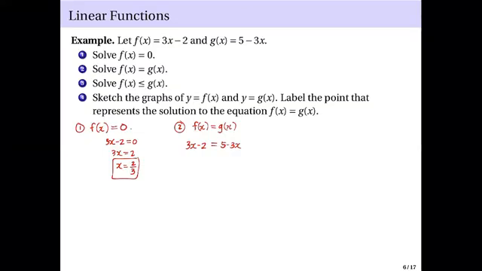So we can move this 3x from the right-hand side to the left-hand side, and this 2 from the left-hand side to the right-hand side. So we will have 3x plus 3x equal to 5 plus 2, or that we have 6x equals 7. And therefore, x equals 7 over 6.